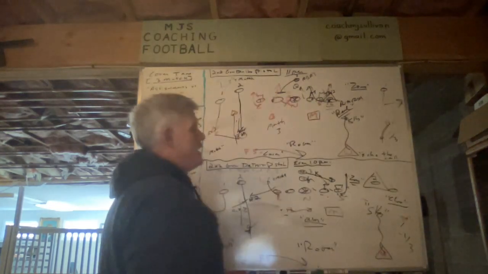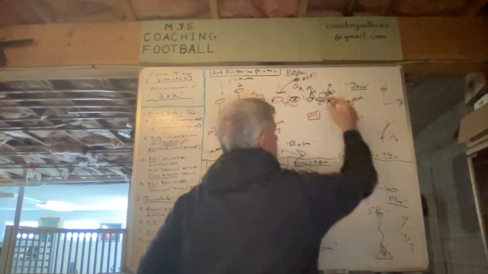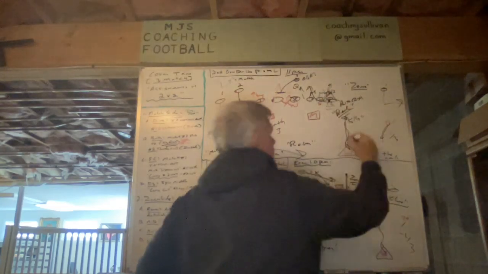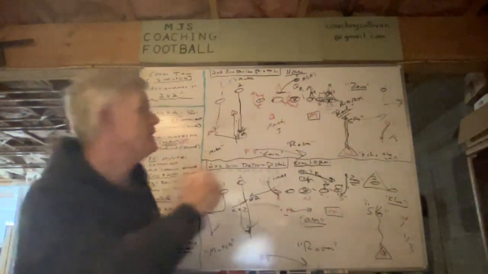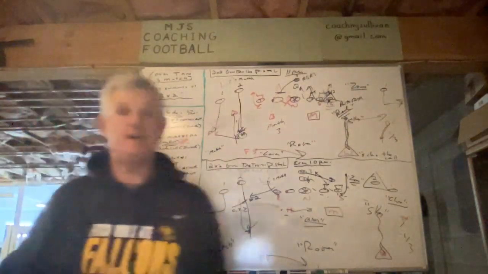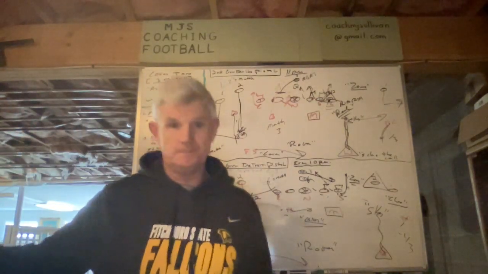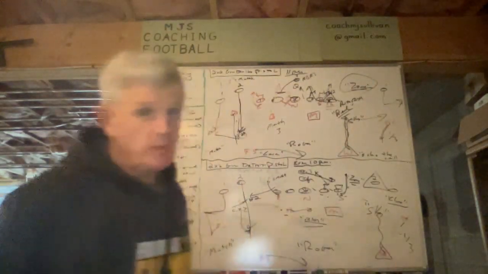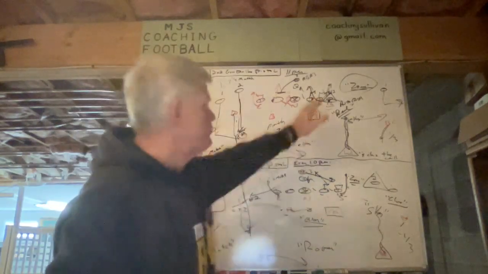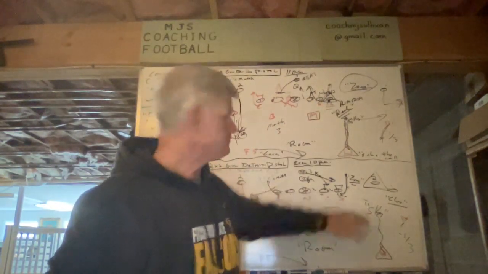If he just runs an out route, he's curl flat. So if number 2 is not threatening the curl, then he'll take care of the flat. If this becomes an out and up, or the boundary corner is already pedaling for depth and he's sitting on top of it, right? Because this is the zone side.